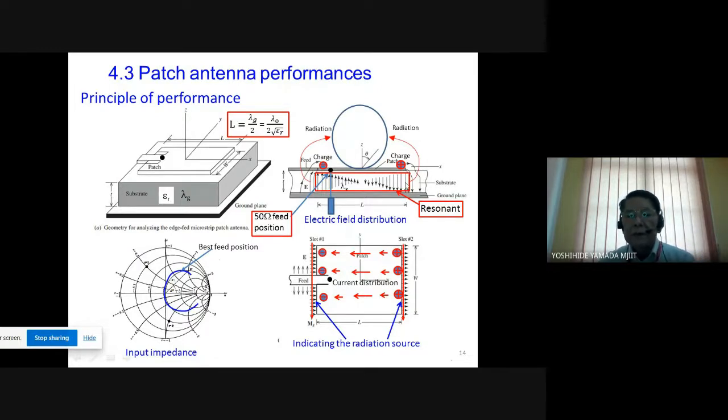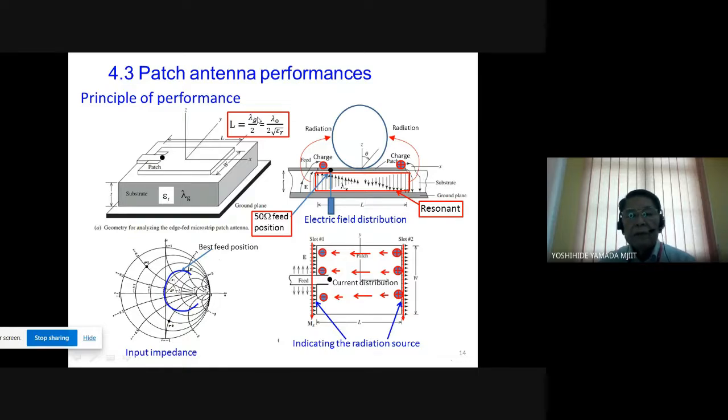So this distribution corresponds to this size being half a wavelength of the wave inside. From this quarter wavelength and this quarter wavelength, the total becomes half a wavelength.